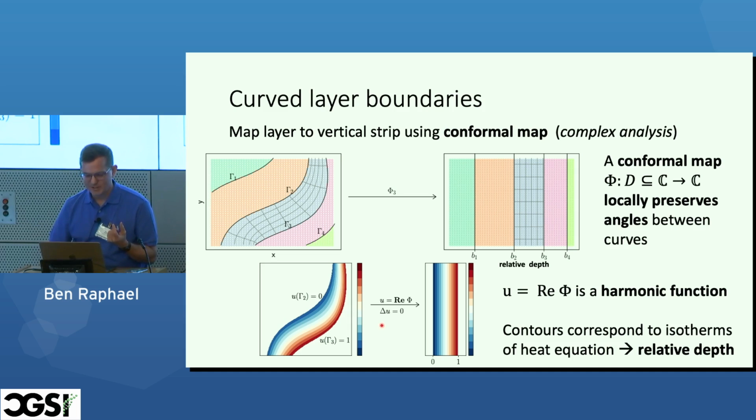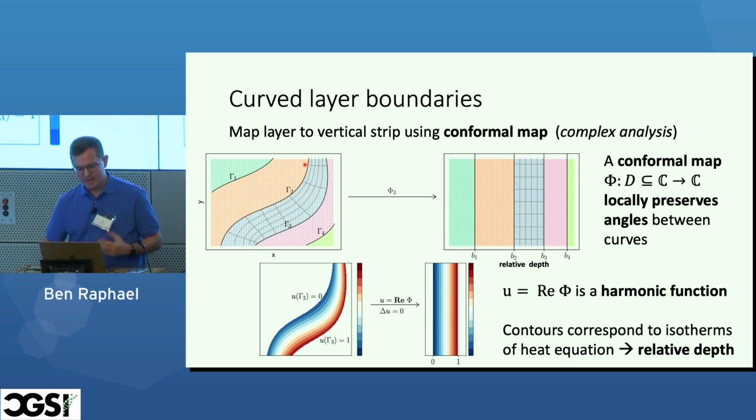Those curves of constant temperature are exactly this coordinate that describes the depth or location within a layer. So we don't need all the fancy stuff, but we do need something from solving the heat equation, or what's called a harmonic function. And so we can compute this single coordinate for, in essence, an arbitrarily curved layer.